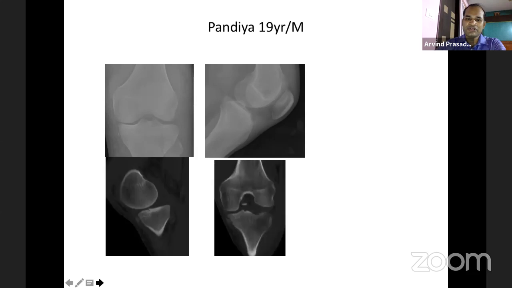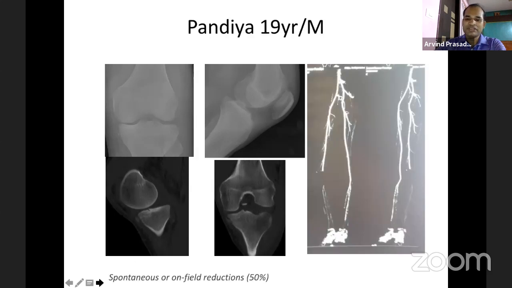Because of long-distance travel, the patient reached us after 8 hours. On CT, we can see a posterior dislocation component of the tibia, and on CT angio, there is complete cutoff of the popliteal artery. So there was an absent distal pulse.